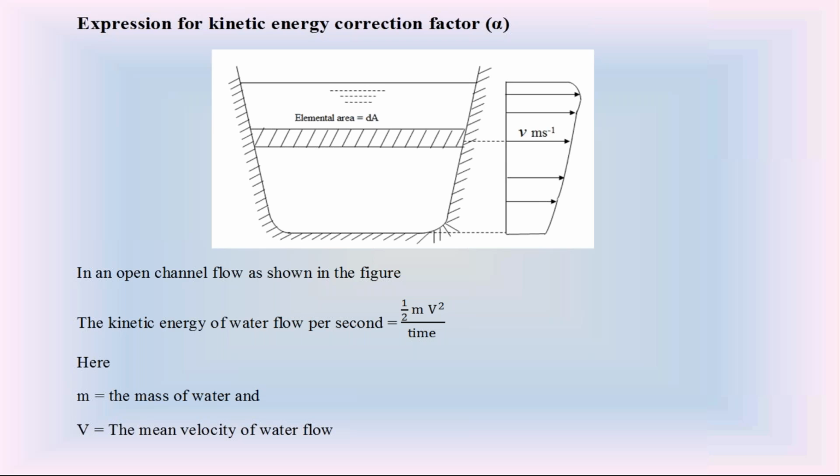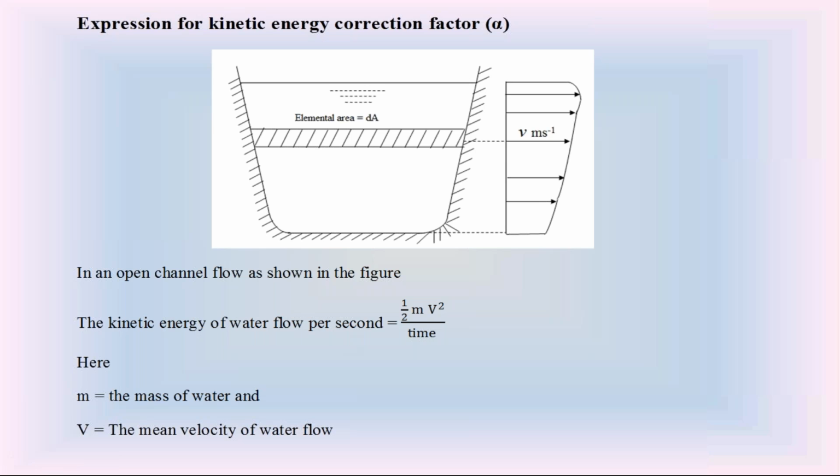In terms of mean velocity, the kinetic energy of flowing water per second is equal to half mv square divided by time. Everyone, if possible, note this down in your notes. Please follow this carefully.